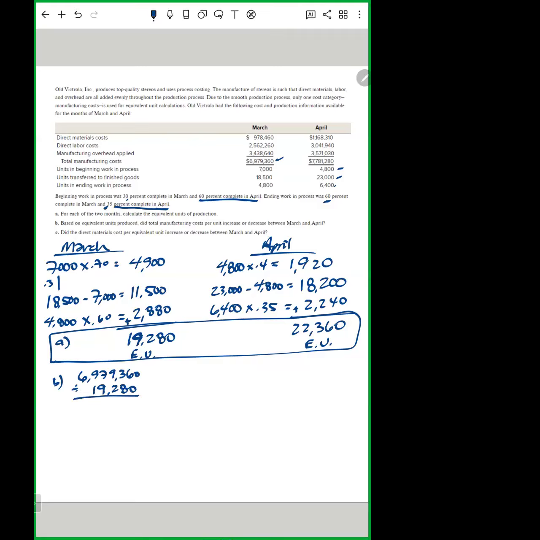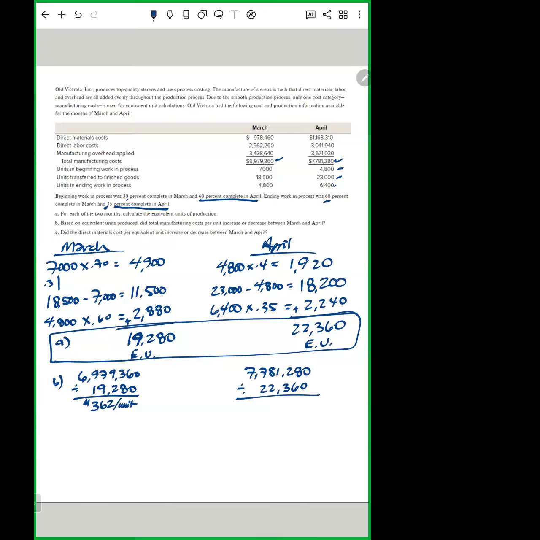So let's throw that in our calculator. 6,979,360 divided by 19,280. And I get $362 per unit for March. And for April, we'll take the 7.7 million, 7,781,280, and we'll divide that by 22,360.